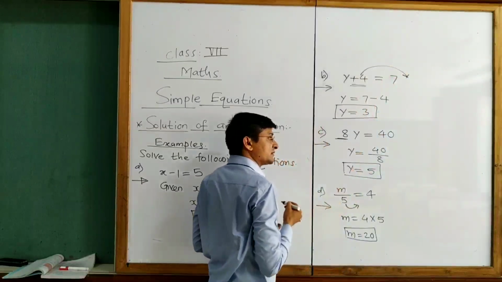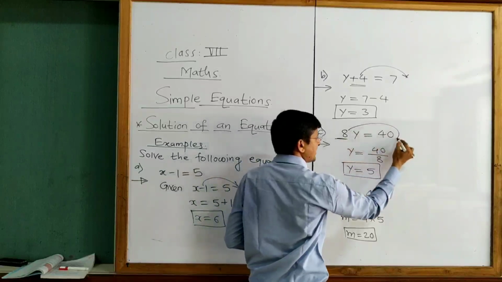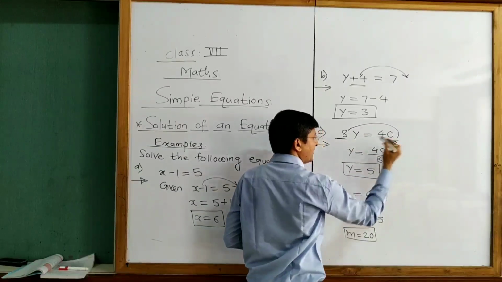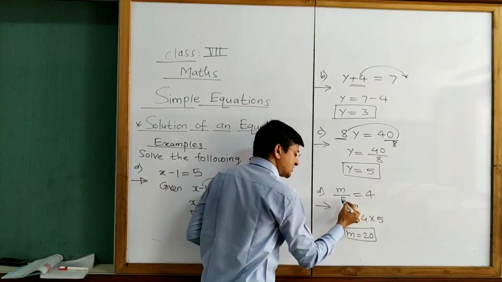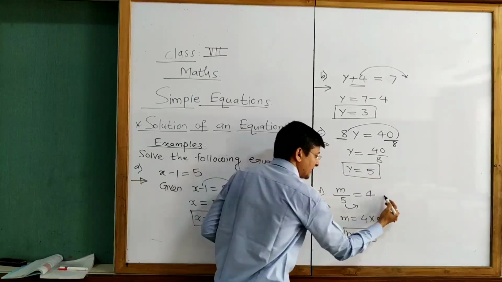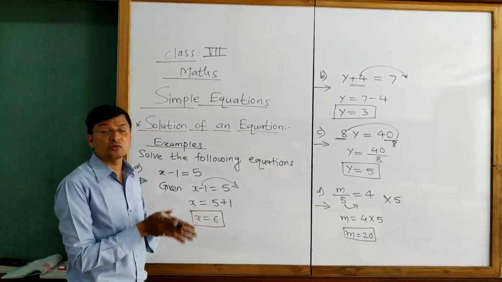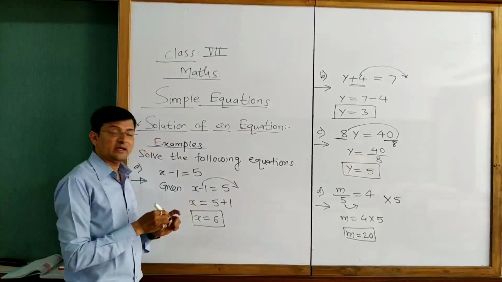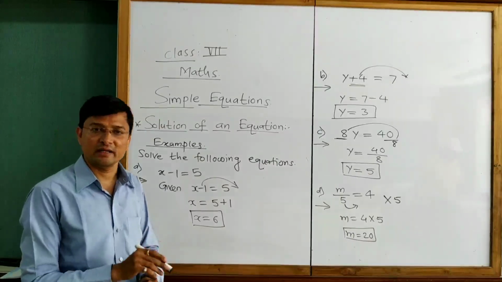In the third example, 8 is multiplied, so it becomes divided. And in the last example, 5 is divided and when we shift this 5 to the other side, it becomes multiply. So we follow the rules of transpose. In this way, we can find the solution of any equation.